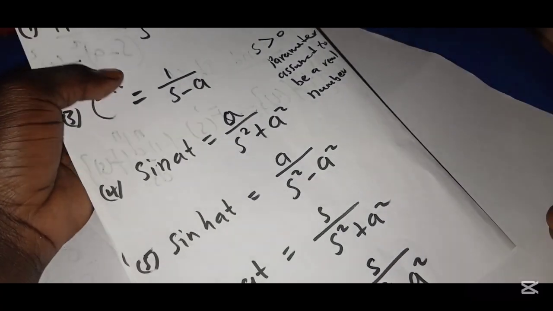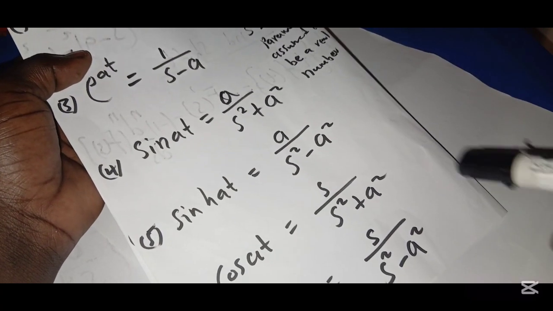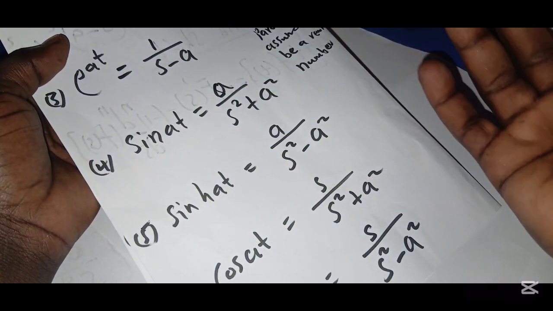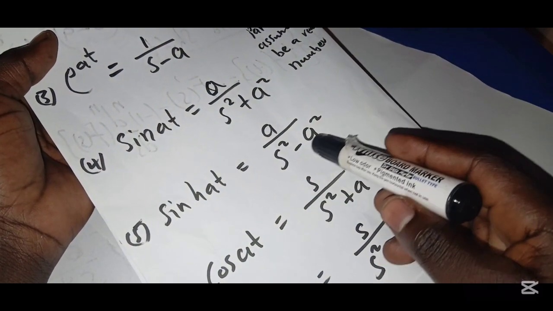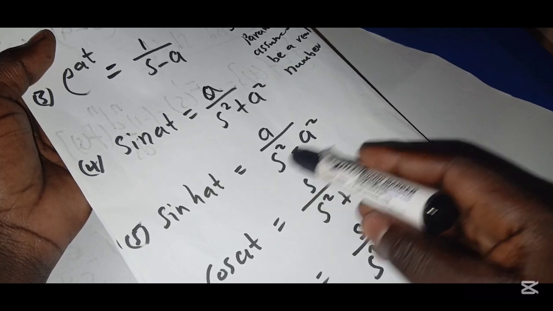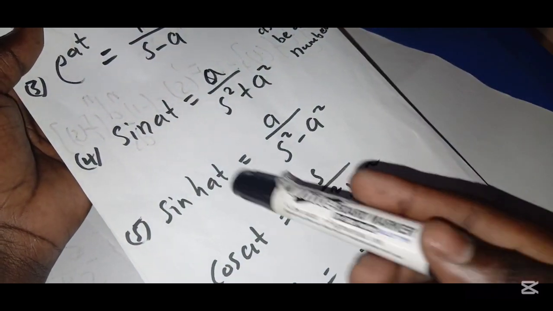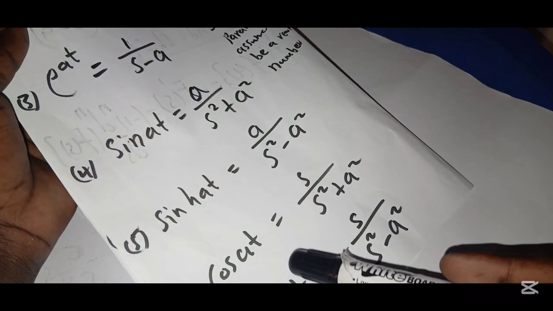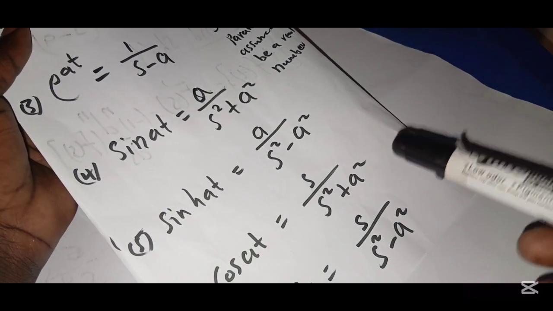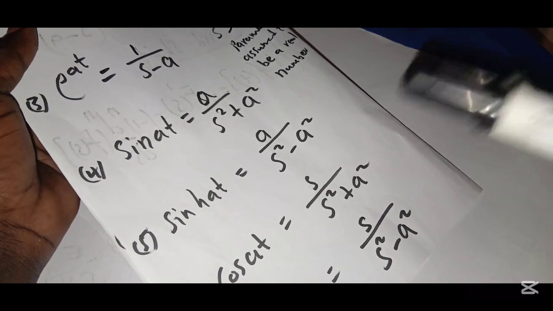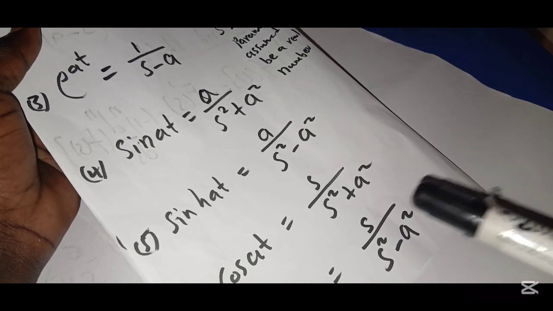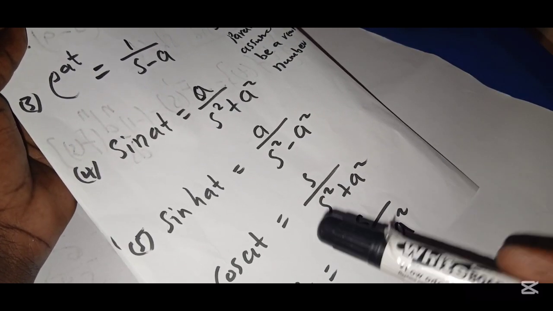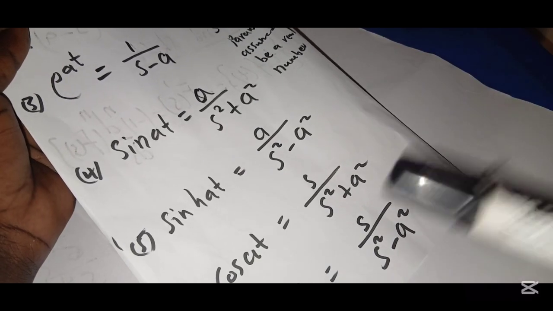This is to tell you that if you have a problem like this, check the numerator and the denominator. Check whether you have an s component at the numerator, and for the denominator, is it plus or minus? That will tell you whether it's a sine function or cos function. And if it is sine or cos, is it cosh at, cos at, sine at or sinh at?